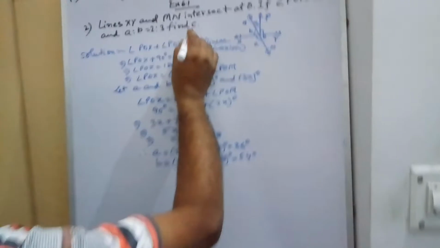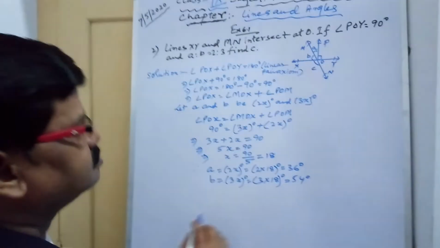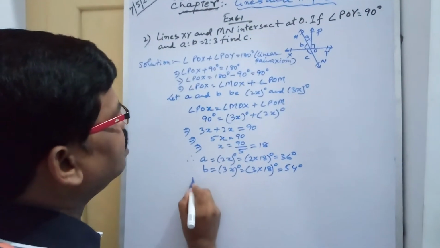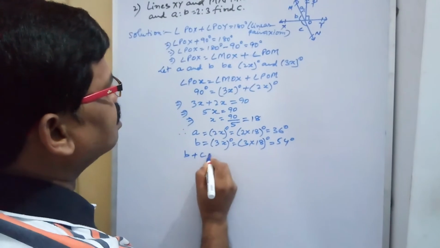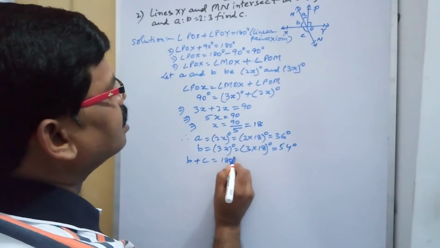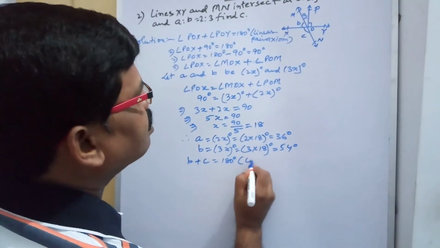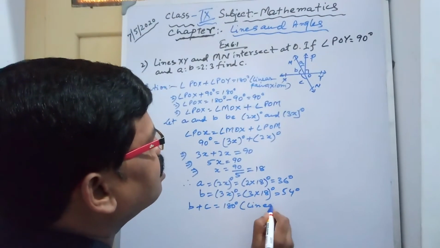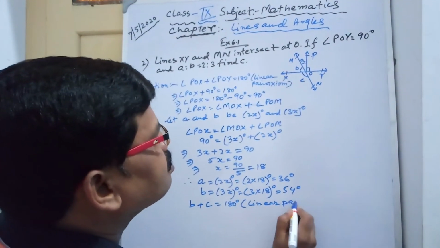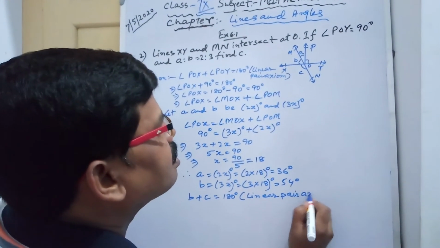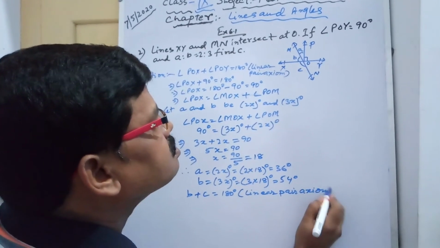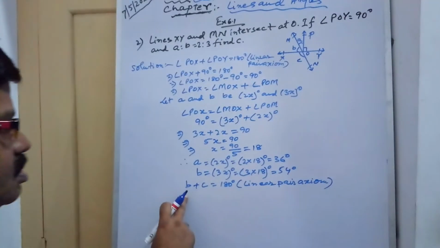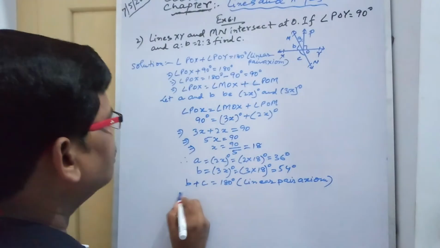Now in this question you have to find the value of C. So B plus C equal to 180 degrees. Reason: linear pair axiom. Angle B you got, that is 54 degrees.